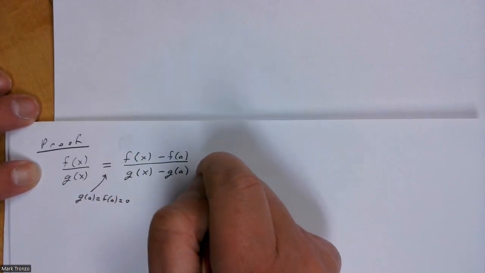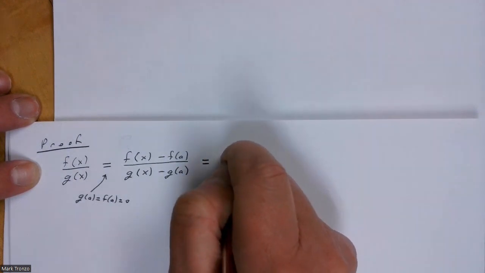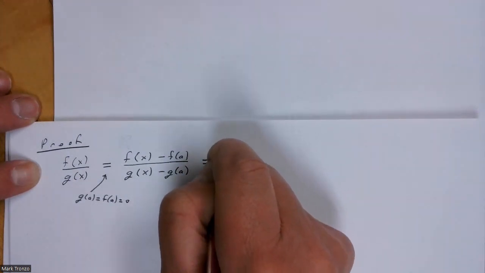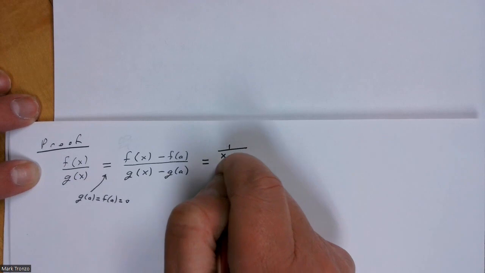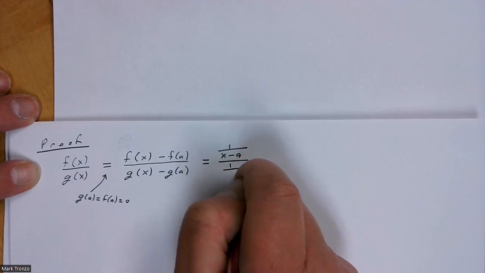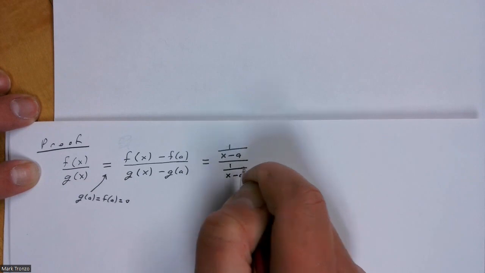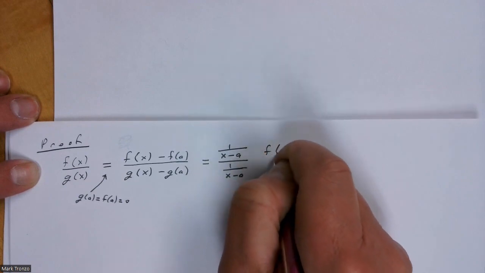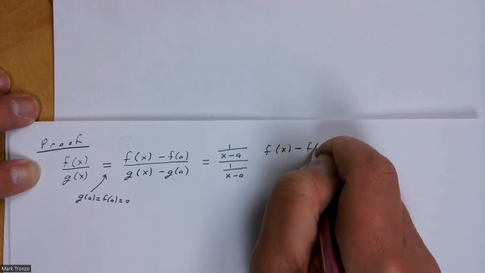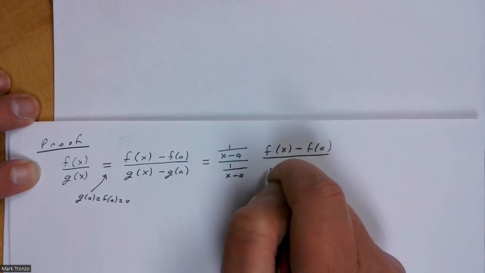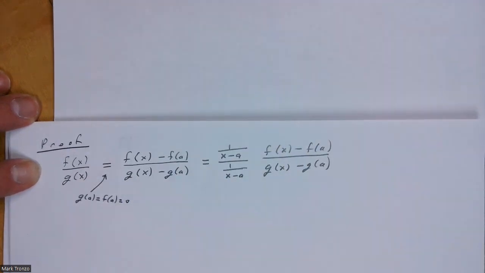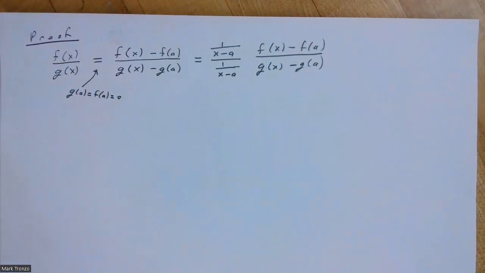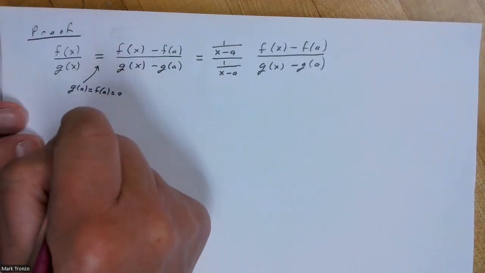Then also, we could multiply the numerator and the denominator by x minus a. So we're just multiplying by 1, which of course we're allowed to do. And then let's just rearrange this a little bit.